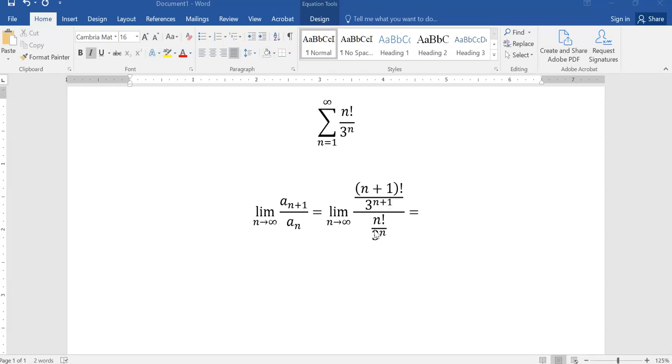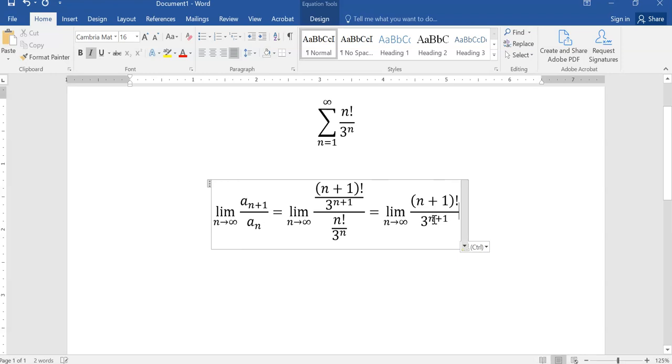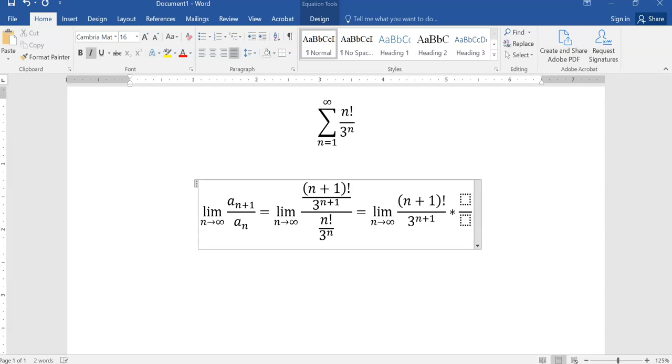The nth term is just going to be n factorial over 3 to the n. Now, we can algebraically manipulate that. The easy way to do this is to take this numerator and multiply it times the reciprocal of the denominator. So multiply times 3 to the nth power on top, and then n factorial on bottom.